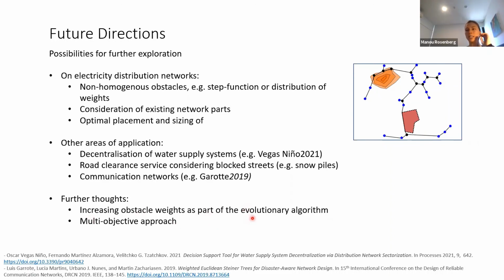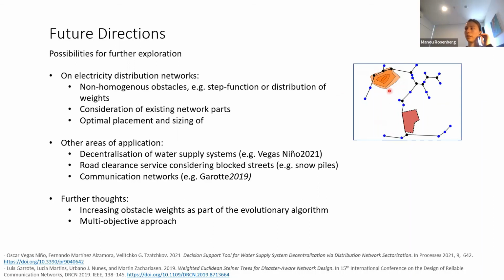And another idea was to increase the weights of the obstacles, of the solid obstacles, when we actually have solid obstacles, but we basically make them soft obstacles in the beginning, or completely ignore them, and then include the weighting of the obstacles within the evolutionary approach, and increase them going through the algorithm.